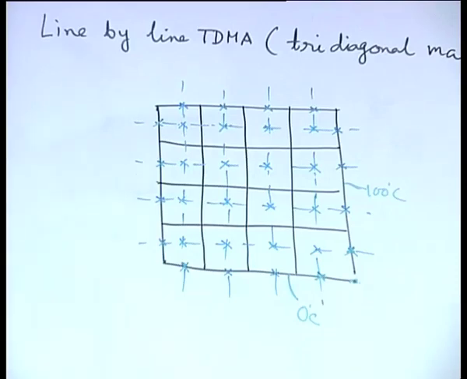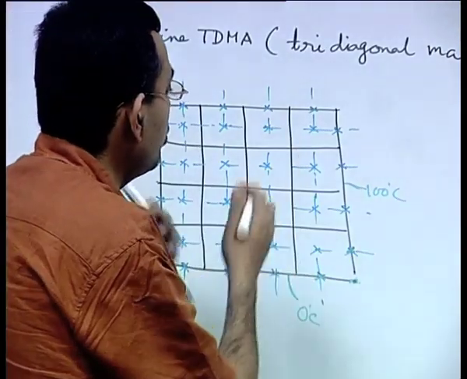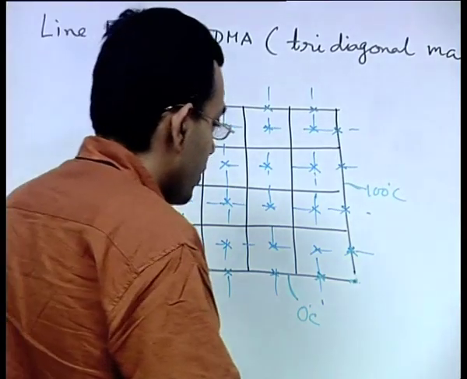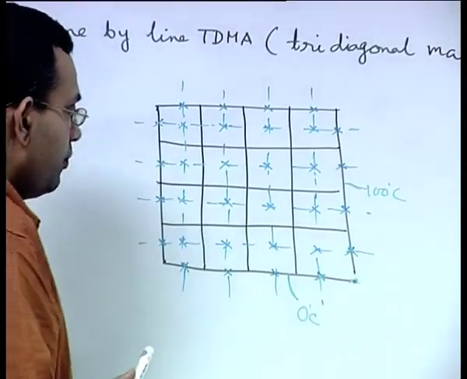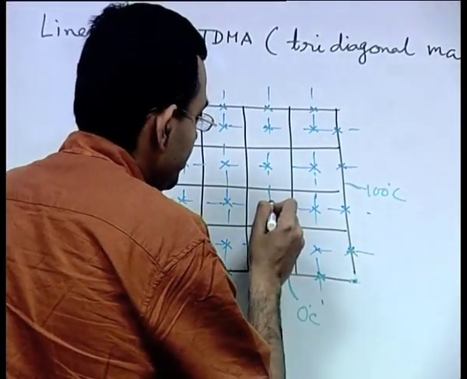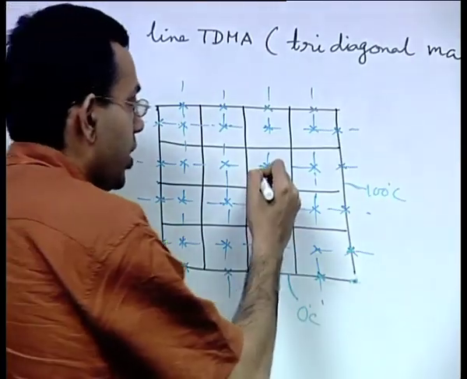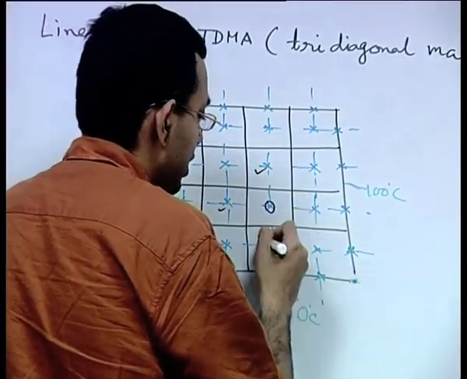Now let us see how we intend to solve this problem from the perspective of a system of linear algebraic equations. If you consider any grid point, an interior grid point will have 4 neighbors, while a boundary point will have fewer neighbors.